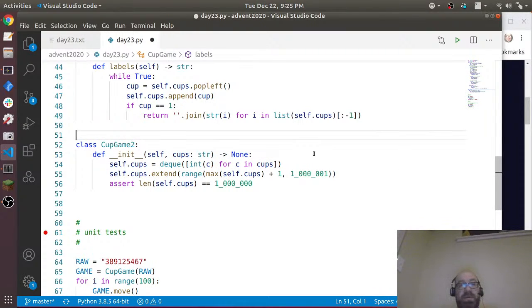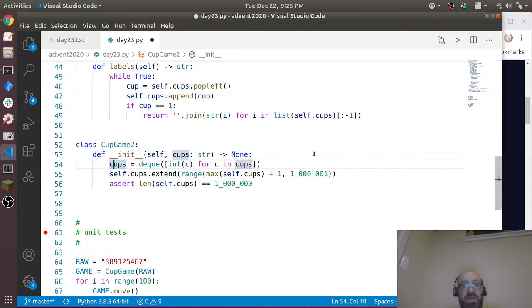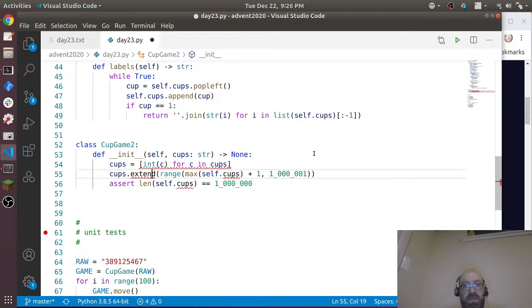So let's think about this now. Say cups equals int c for c in cups, cups.extend this.